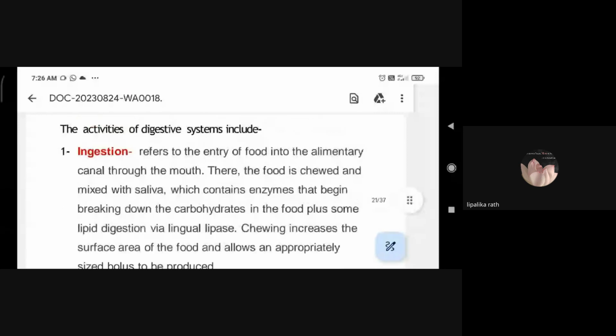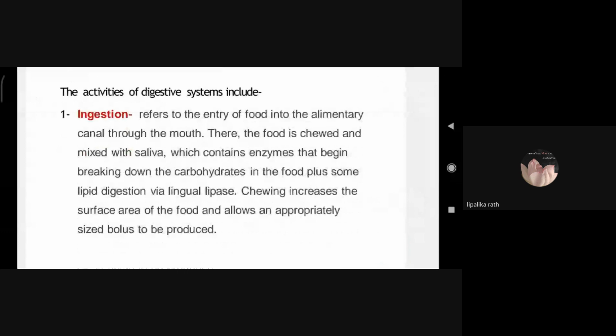So today we will start with the activities of the digestive system, as we completed the functions of the large intestine yesterday. The first activity is ingestion. Ingestion refers to the entry of food into the alimentary canal through the mouth.